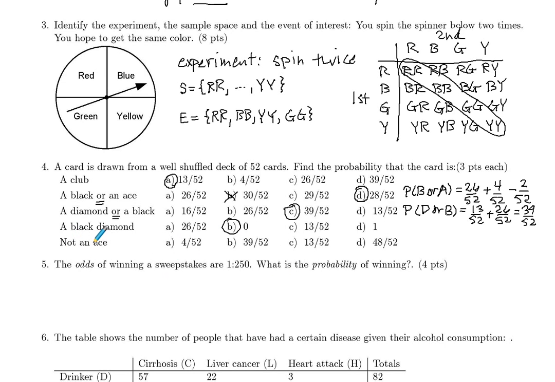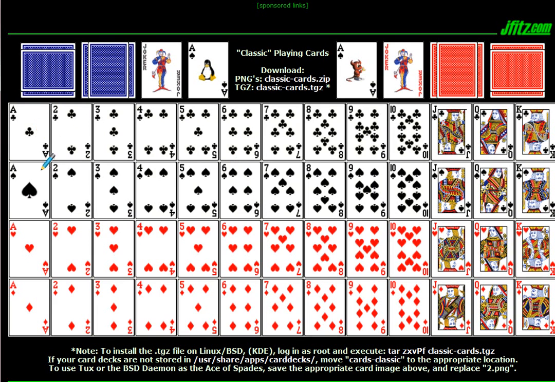Probability that it's not an ace. Okay, so that's asking what's the probability that it's not an ace. That's the event A bar, the complement. And remember, that's going to be 1 minus the probability that it is an ace. So that's 1 minus probability it's an ace. There are 1, 2, 3, 4 aces out of 52.